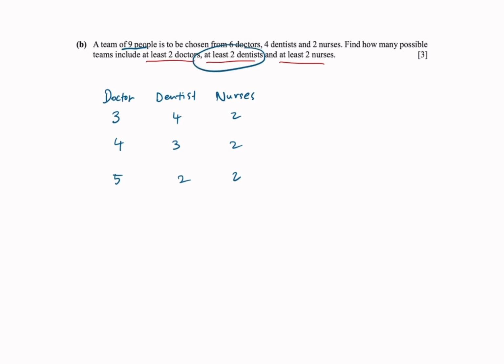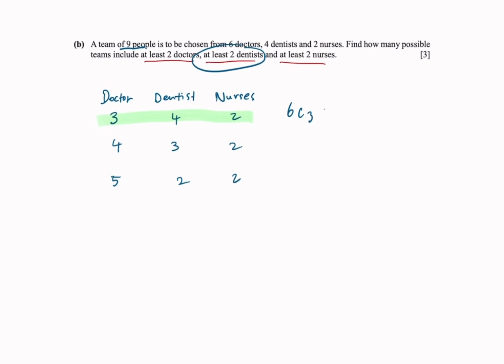Okay, so this is the number of different ways that the team can be. So we can now calculate each of the different ways. For the first one, let's calculate this row first. For this row, you will have 6 doctors, choose 3, because the order doesn't matter. You are choosing 3 doctors from the 6 doctors.